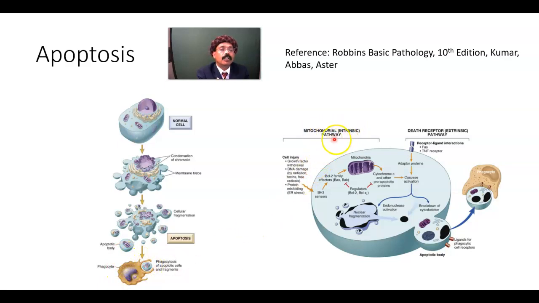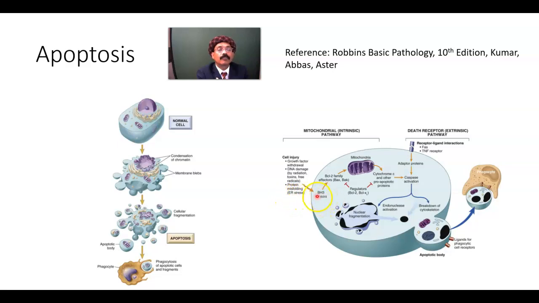We have the mitochondrial intrinsic pathway. What happens? Cell injury, growth factor withdrawal, DNA damage by radiation, toxins, free radicals, protein misfolding, or endoplasmic reticulum stress.